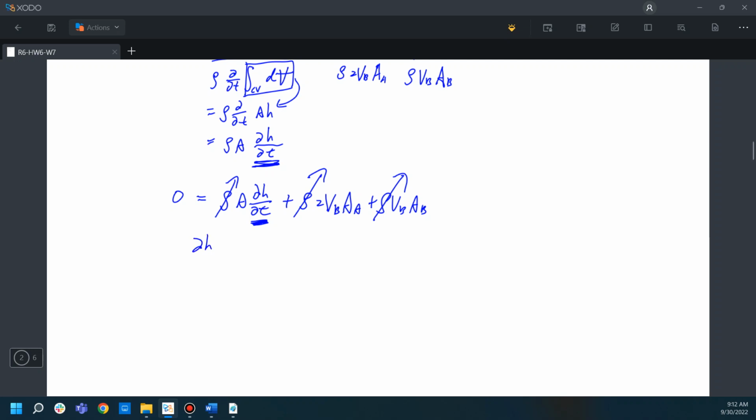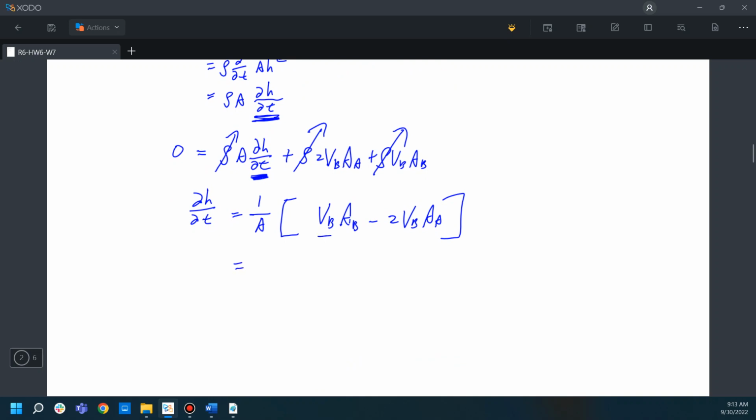So partial h partial t is equal to 1 over A times (VB AB minus 2 VB AA). Okay, so VB is the same, so I take it out: VB over A times (AB minus 2 AA).